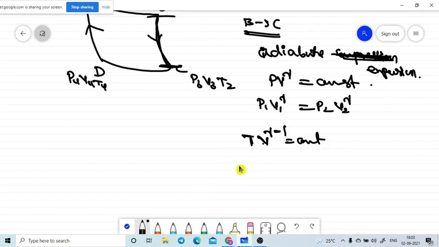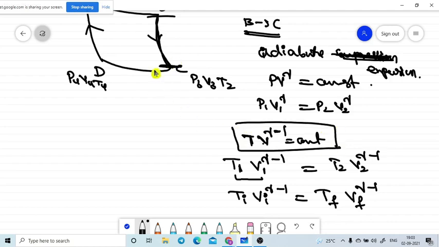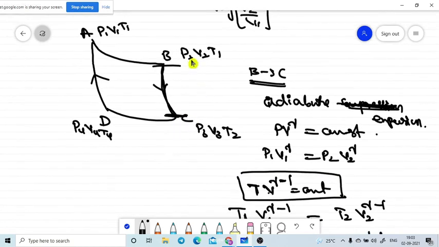Then T1 V1 power gamma minus 1 is equal to T2 V2 power gamma minus 1. But we are taking the initial state, for your easy understanding: T initial into V initial power gamma minus 1 is equal to T final into V final power gamma minus 1. This formula we are using. What are the initial values here?